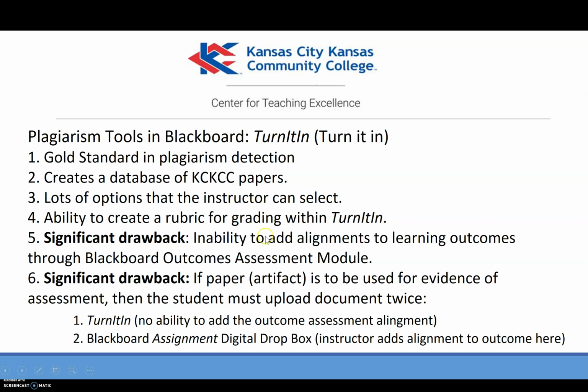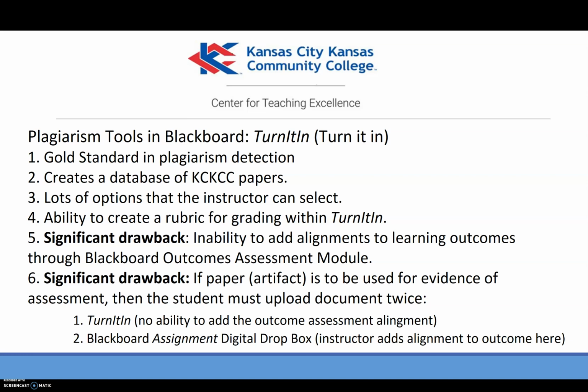There are lots of options that the instructor can select, and when I get to Blackboard, I'll show you that. There is an ability to create a rubric for grading within TurnItIn, and there's another video showing you how to do that. Some of the significant drawbacks to using TurnItIn: if you also want to use this paper for assessment, you have to create an assignment digital Dropbox.